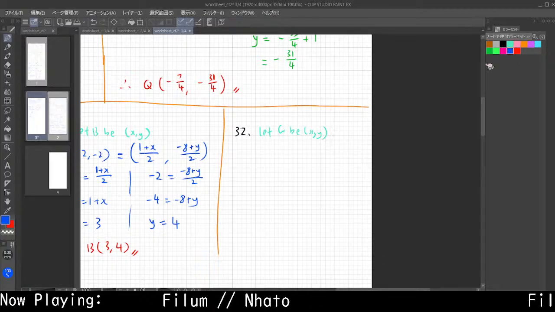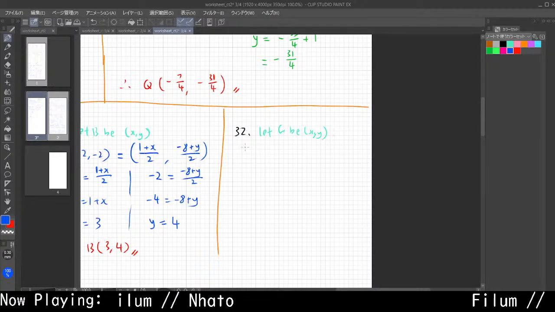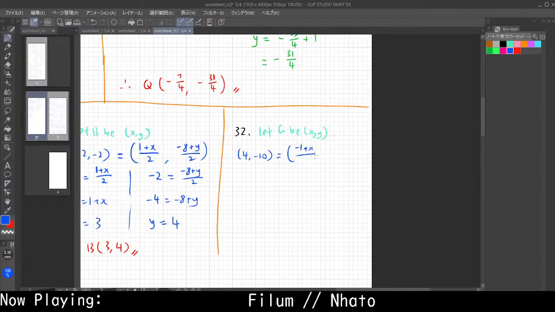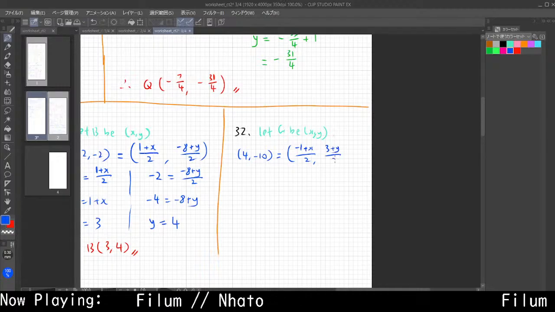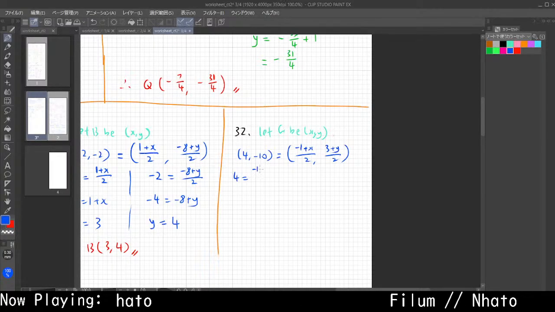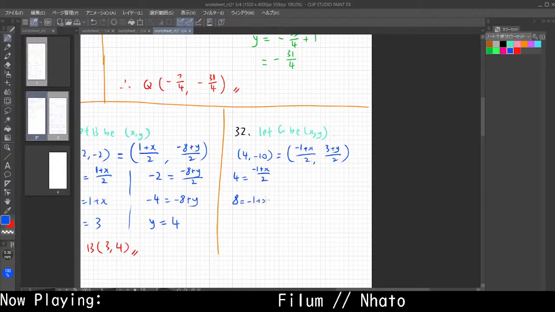So 4 comma negative 10 equals negative 1 plus x over 2 comma 3 plus y over 2. 4 equals negative 1 plus x over 2, 8, x equals 9.